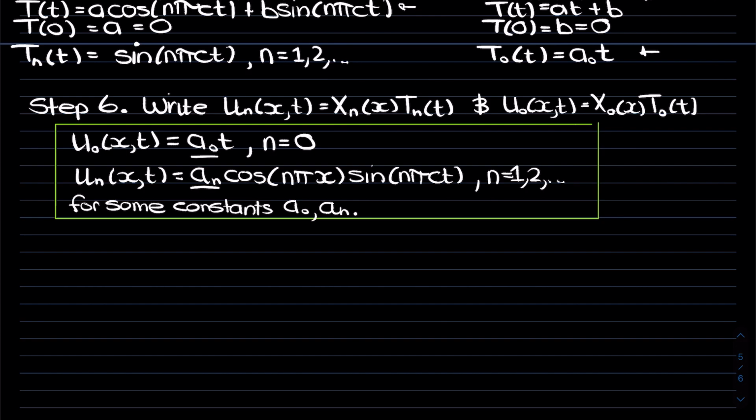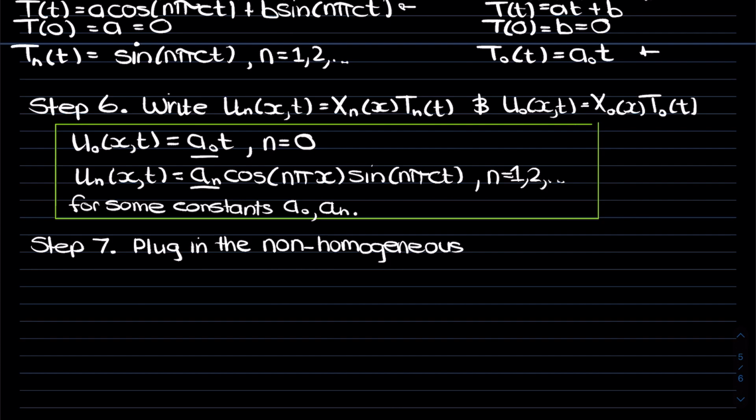Now the next step is step 7, and that is to plug in the non-homogeneous initial condition, into either u naught or u n, whichever one feels more appropriate.